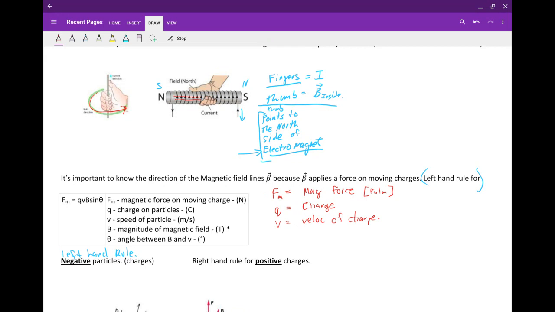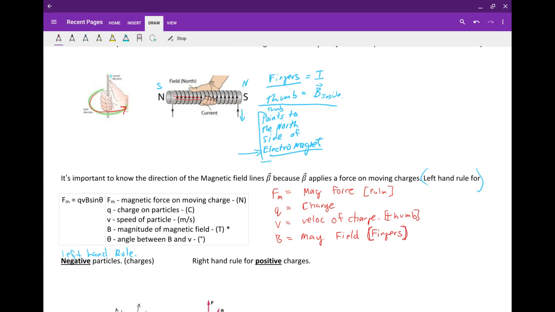And B is the magnetic field that it's in, and that's your fingers. Oh, by the way, the velocity would be your thumb. Like that.